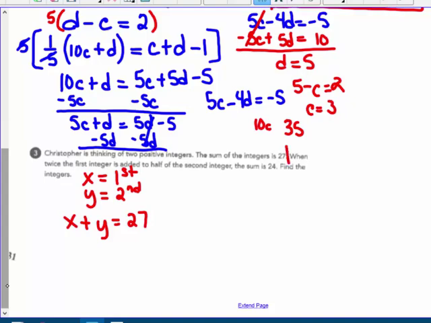When twice the first is added to half the second, the sum is 24. Okay, that's my two equations, right? 2x plus half of y. Well, let's see.